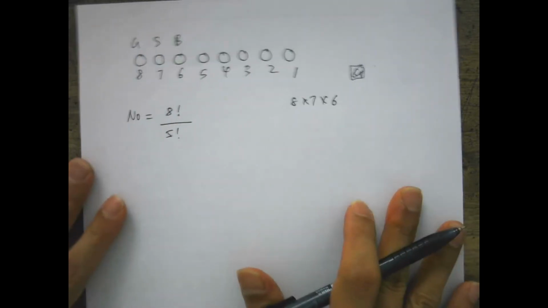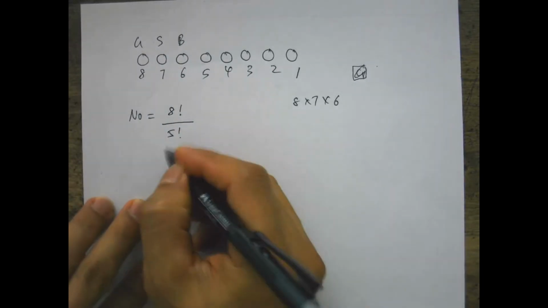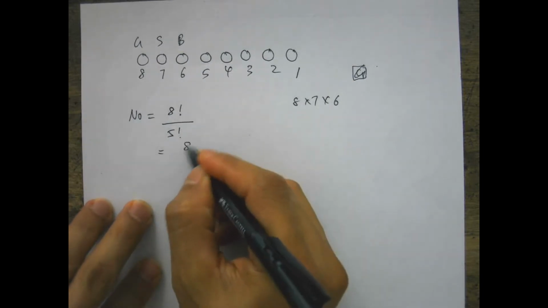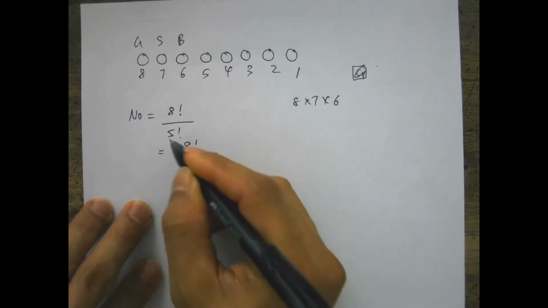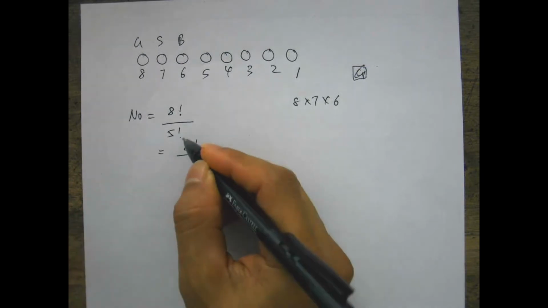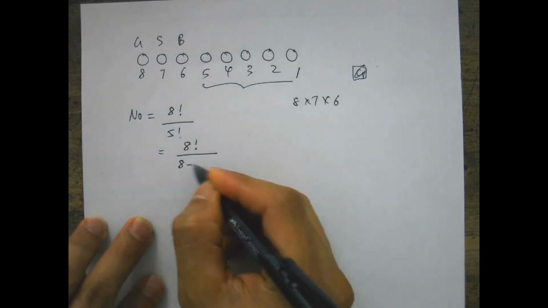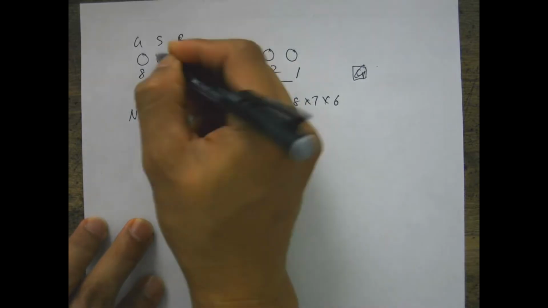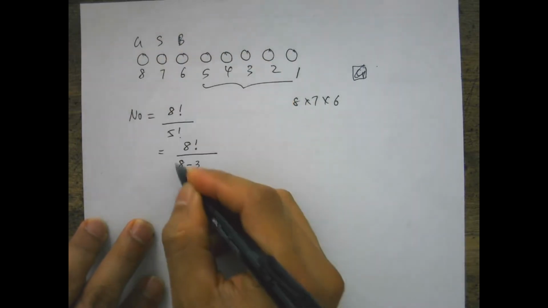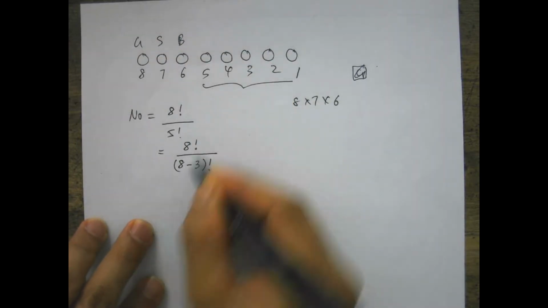Now, what I want to do is show you how we use the formula, because it works like this. 5 factorial is actually the 5 people left from the remaining. So I have 8 people to choose from initially, but I need to subtract 3 people. Why? Because these 3 I'm choosing, right? So the remainder left is 5.